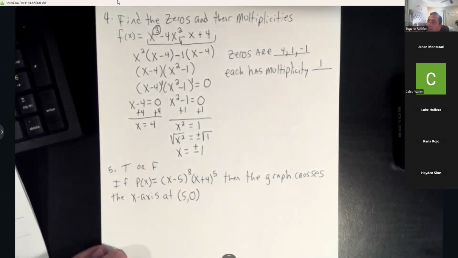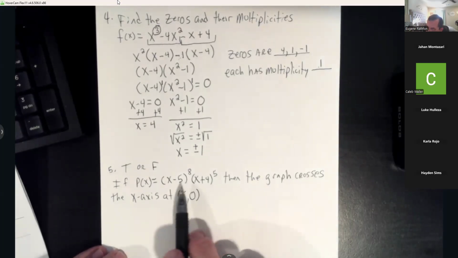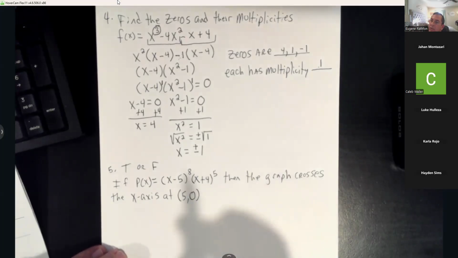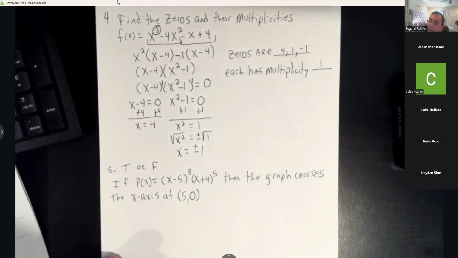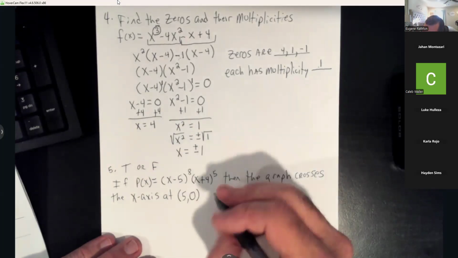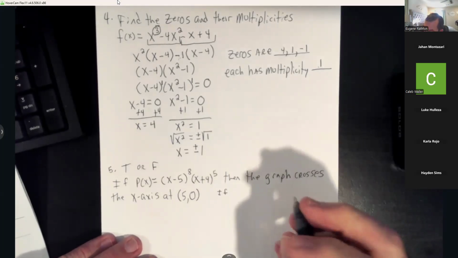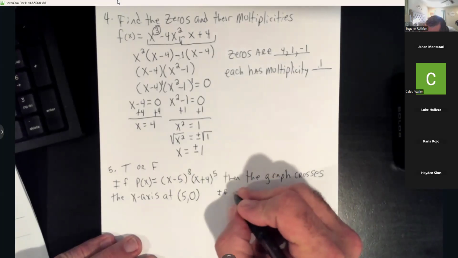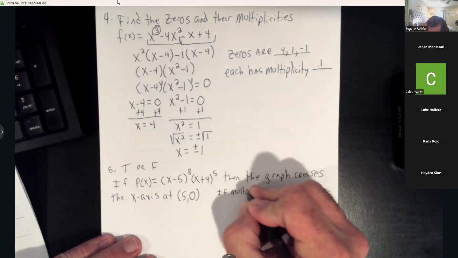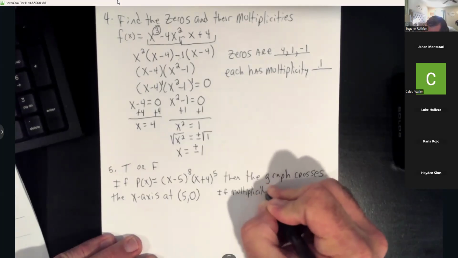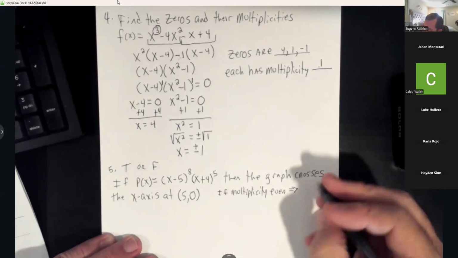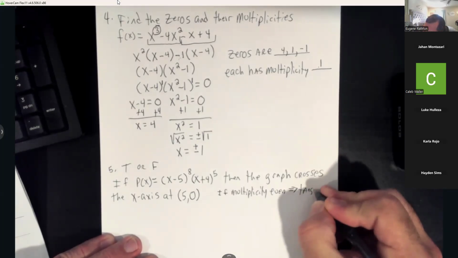Now, y'all, let me recall y'all on this. I look at these multiplicities to determine whether it crosses or if it's tangent. If the multiplicity is even, then the graph is tangent to the x-axis.